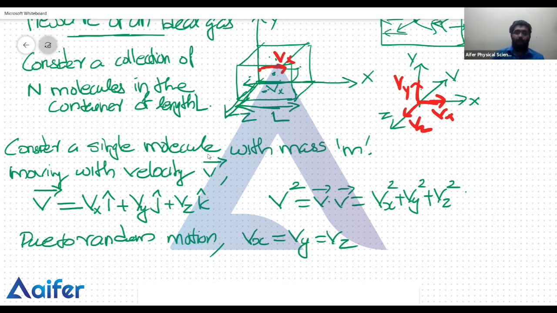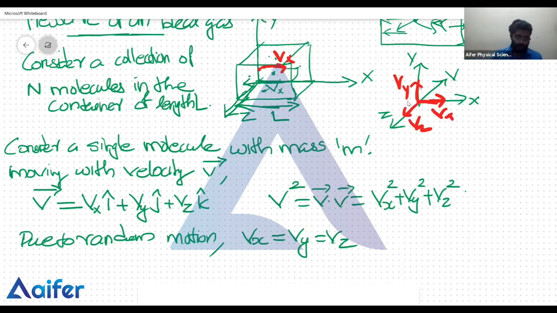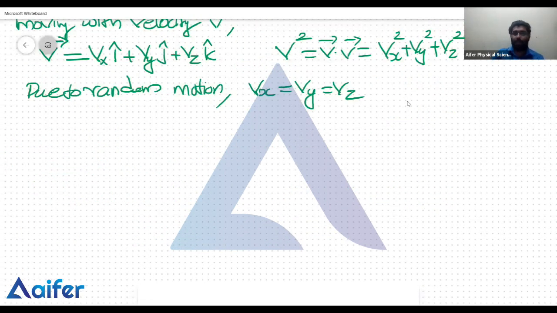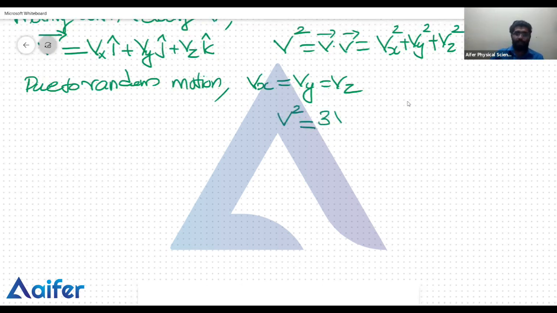All the velocity components are the same because they are moving randomly. Each can move in any direction at a given time. So I could write this v square equal to 3 Vx square, which is also equal to 3 Vy square, which is also equal to 3 Vz square. So keep in mind this fact.